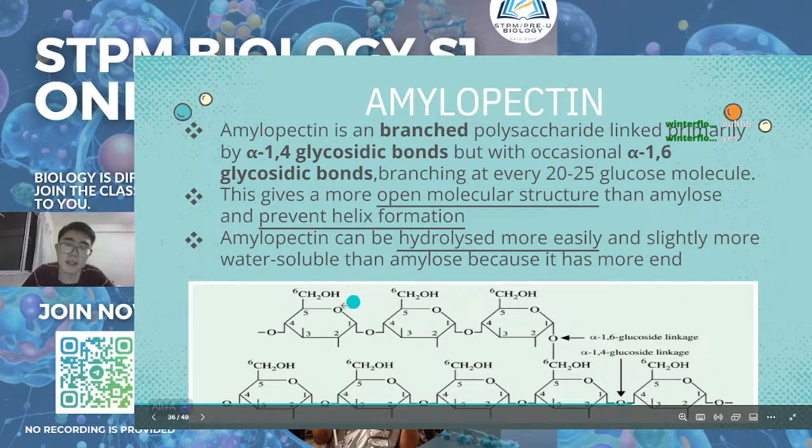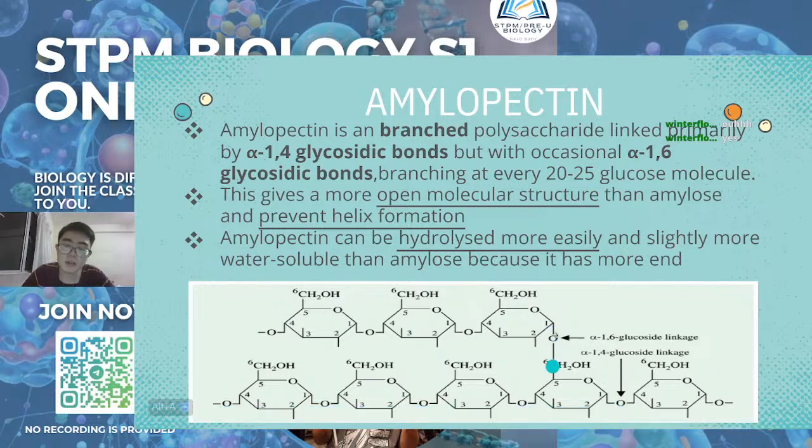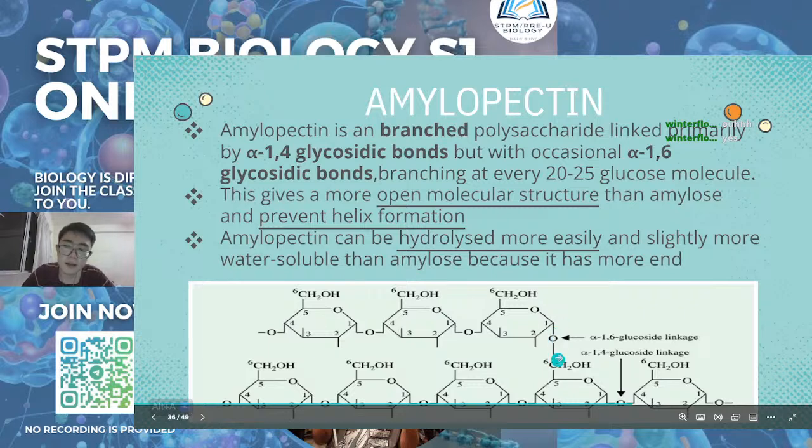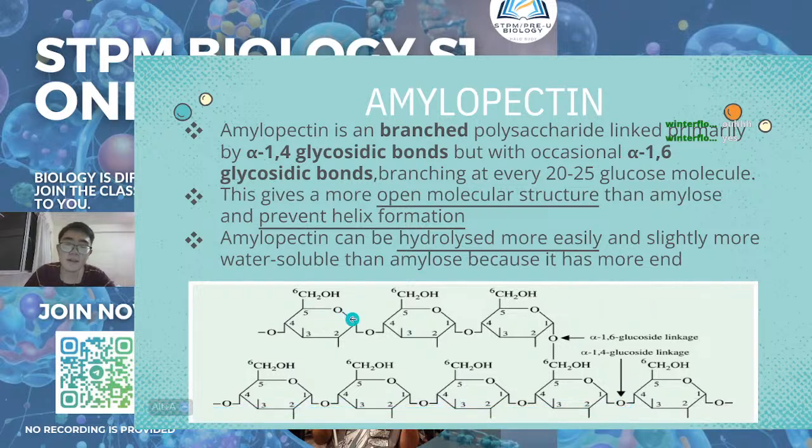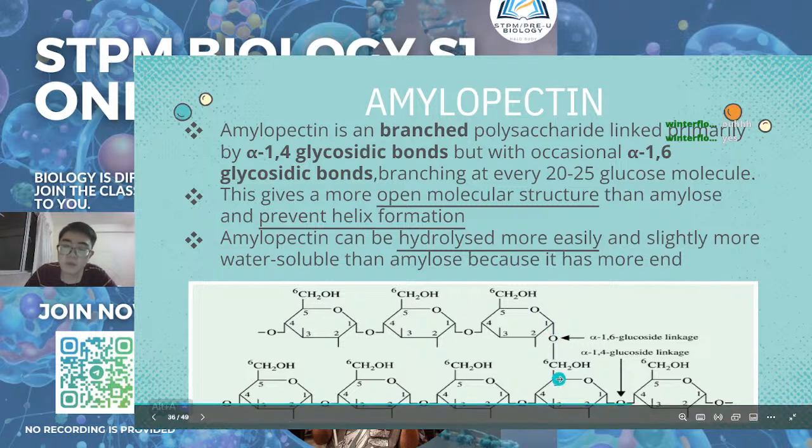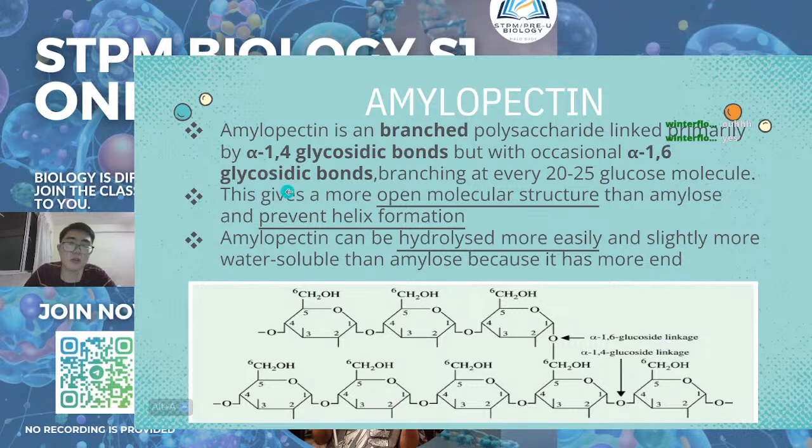But amylopectin will branch, like a bridge connecting them to each other. You can say there is another line of amylose connected with another line of amylose through the 1,6-glycosidic bond. This gives a more open molecular structure than amylose and prevents helix formation.